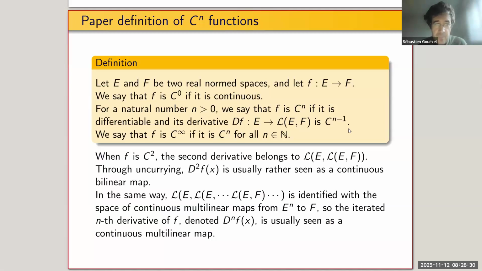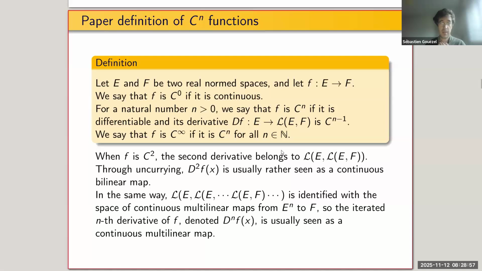Something that I should say is that if you take this definition and you think of a C2 function, the derivative of f is a map from E to L of E to F. So if you differentiate that, the second derivative becomes a continuous linear map from E to a space of continuous linear maps from E to F, which is a slightly messy space to work with.